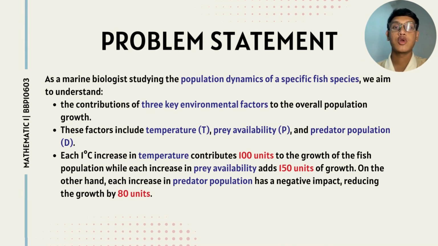Next, we go to the problem statement. As a marine biologist studying the population dynamics of a specific fish species, we aim to understand, first, the contribution of three key environmental factors to the overall population growth. Second, these factors include temperature, prey availability, and predator population.